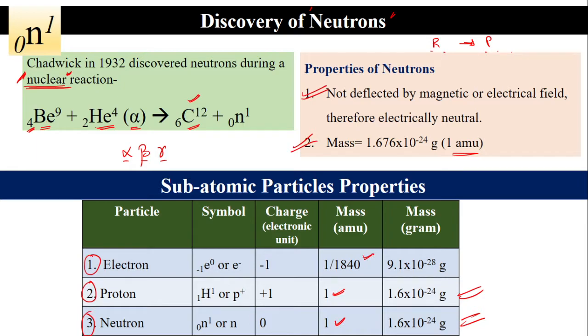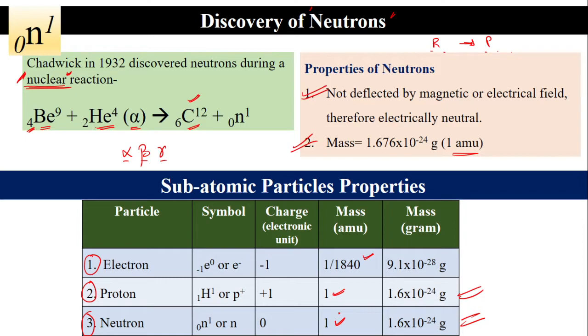It is 1 divided by 1840 times less than the mass of the proton or neutron. So when we are calculating the mass of an atom, should we consider the mass contributed by the electron? No, sir. We are neglecting that. We are only considering the mass of the proton and neutron.